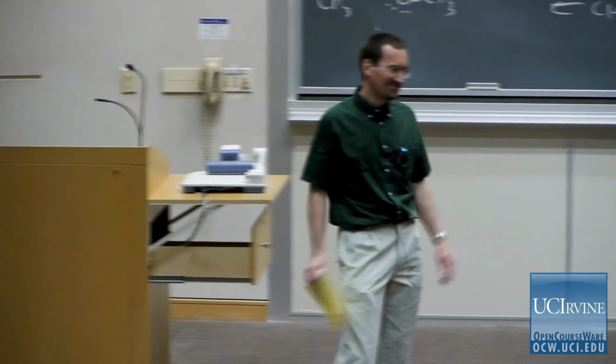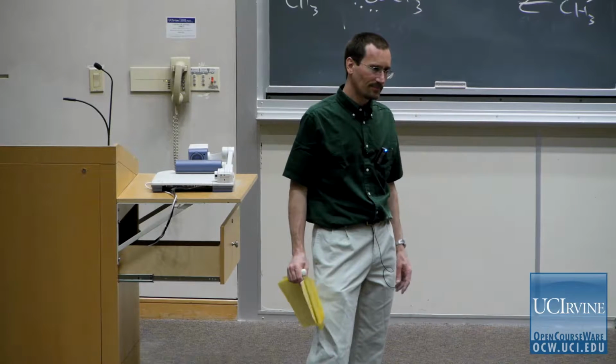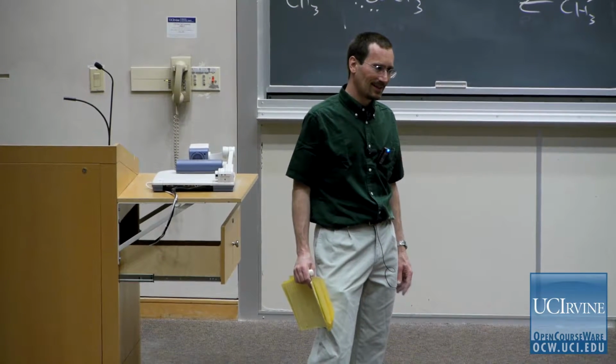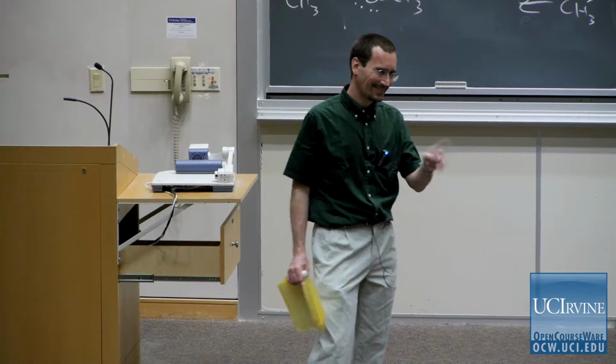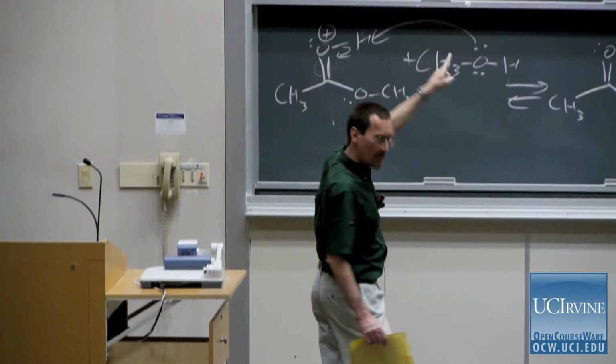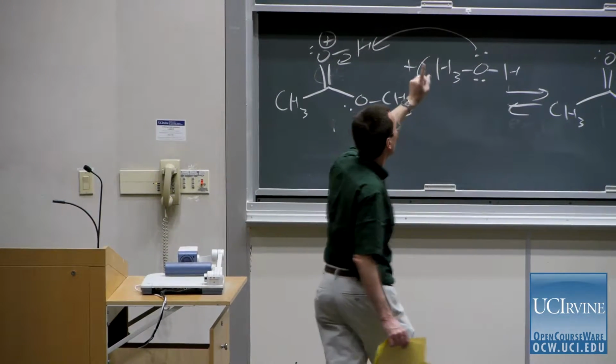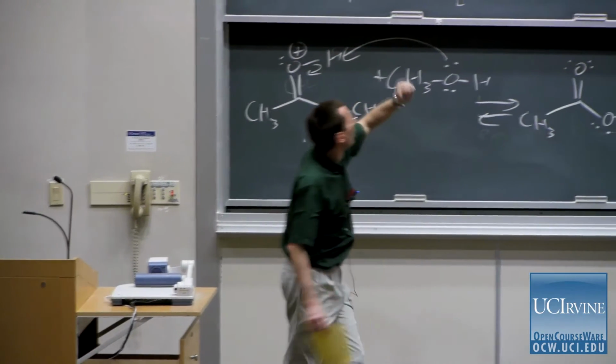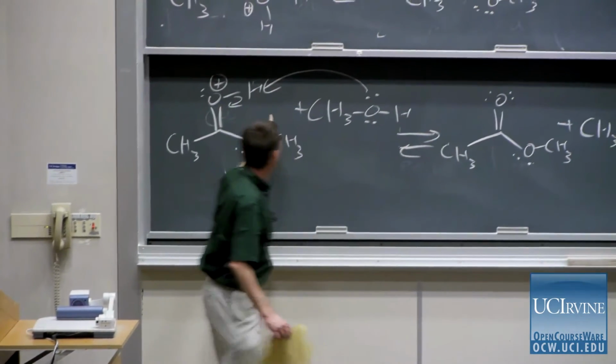Thoughts or questions? The acid has to protonate the CO double bond to the oxygen on top because the nucleophile is a weak nucleophile. Which step? Oh, sorry. The first step on the bottom of the chalkboard. Oh.